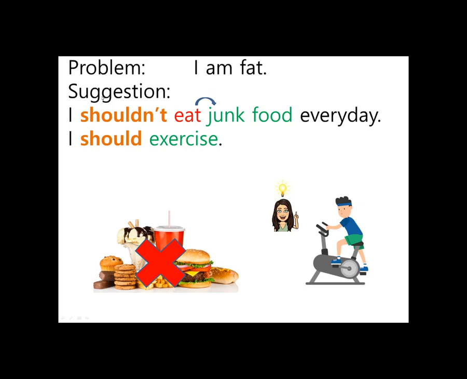Suggestion, I shouldn't eat junk food every day. I should exercise. So I shouldn't, don't do this. I should exercise, do this. This is a good idea. And don't forget, you have a choice. So you don't have to do these things.